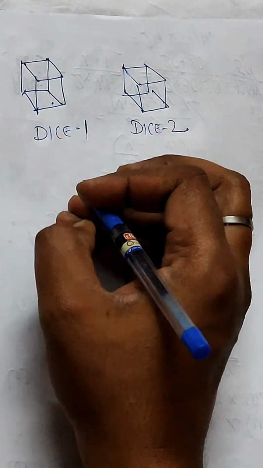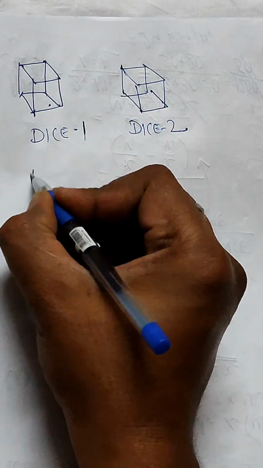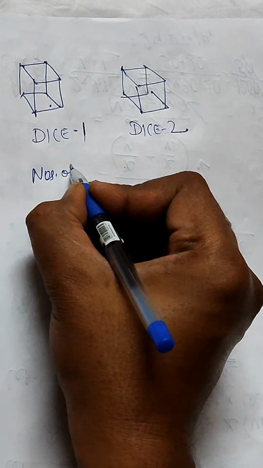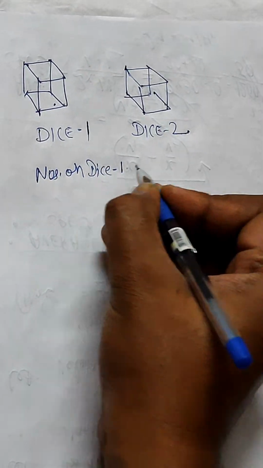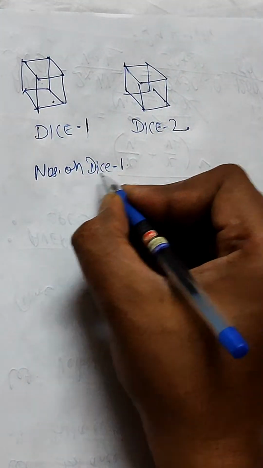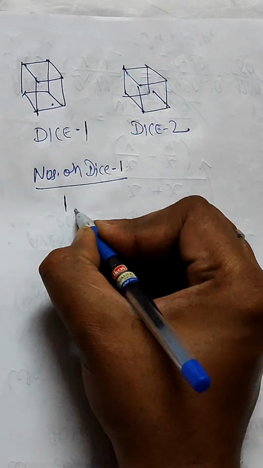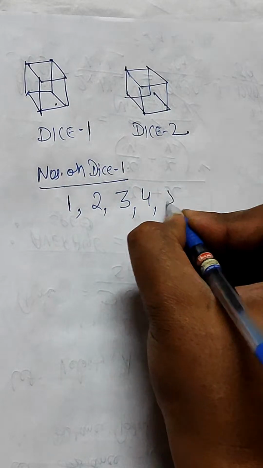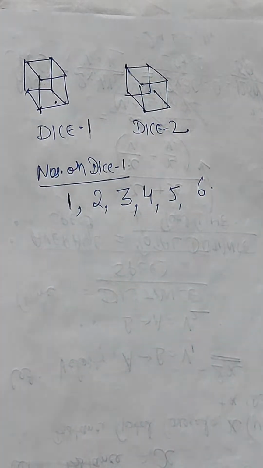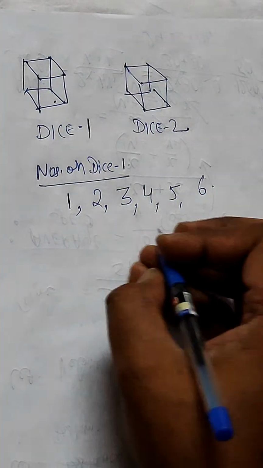So in a dice, the numbers on dice 1, what are they? 1, 2, 3, 4, 5 and 6, right?